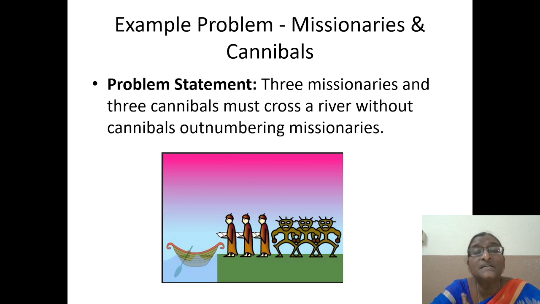They must cross the river without cannibals outnumbering the missionaries. Cannibals will try to harm the missionaries, so we should see that the cannibals are not able to harm the missionaries and the 3 missionaries should safely reach the other side on the boat.